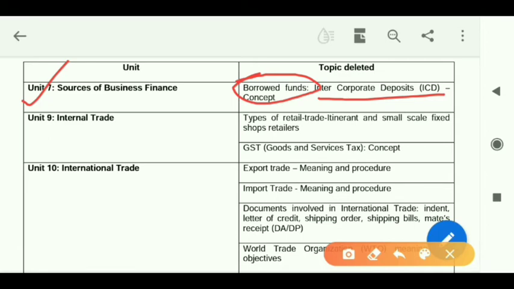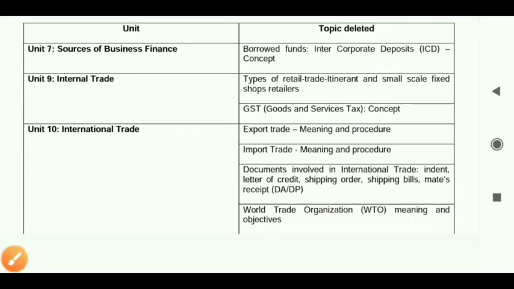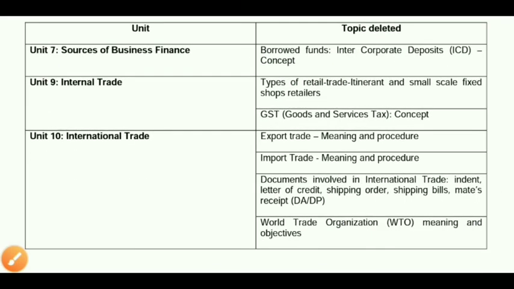Out of borrowed funds, one type is intercorporate deposits. See, it's written borrowed funds, then a colon, and it says intercorporate deposits. So do not fall into the confusion that the whole portion of borrowed funds has been removed. It is just the intercorporate deposits portion that has been removed. The other types of borrowed funds are still there in our syllabus.